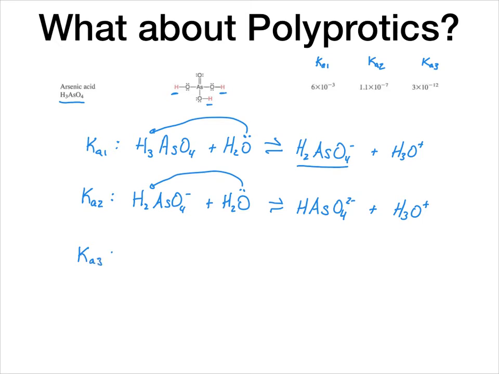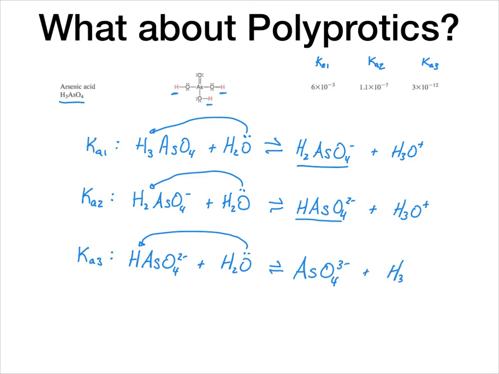And then likewise Ka3 starts with the conjugate of the Ka2 reaction, the dibasic version, the 2- plus H2O, and it's a Ka, so this dibasic species is going to be behaving as an acid and donating a proton and forming AsO4 3- plus H3O+.